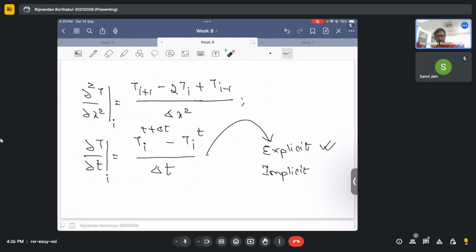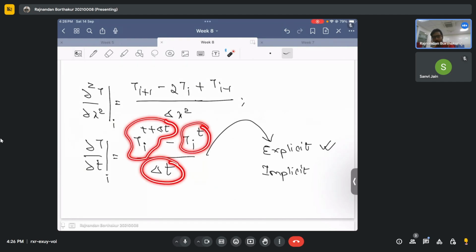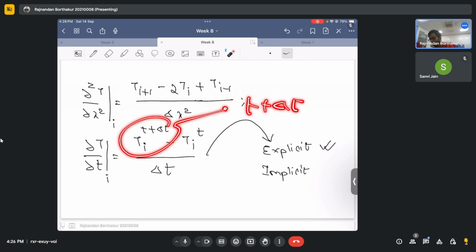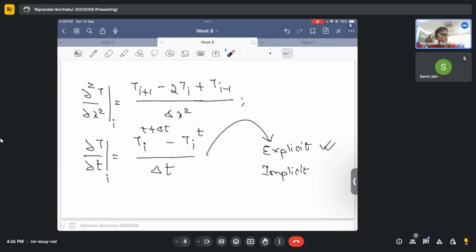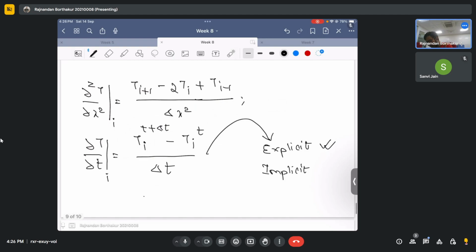I know my temperature at time t equal to 0, and if I know delta t, I know my temperature at time t equal to delta t. So it's like I know my temperature at time t plus delta t, which means that if I know my initial condition, then the derivative with time is just a marching problem in the forward direction if we use the explicit scheme. And that's why these kinds of problems are sometimes known as time marching problems.